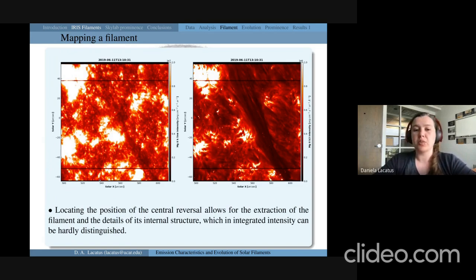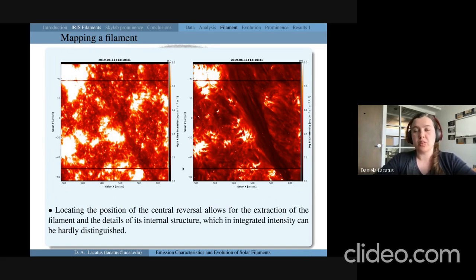So the contributions from the peaks are also washed out a little bit, and the filament is visible in the integrated intensity, but this is not usually the case. In most integrated intensity maps of filaments, this will be dominated by the emission peaks, and the filament will almost never be visible.